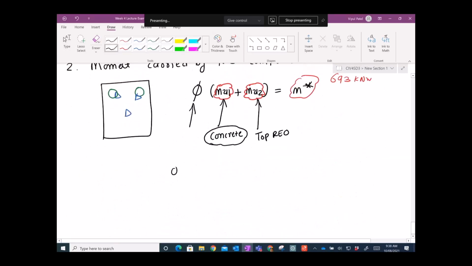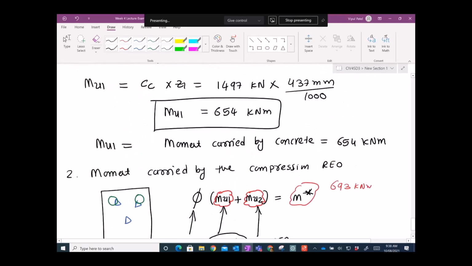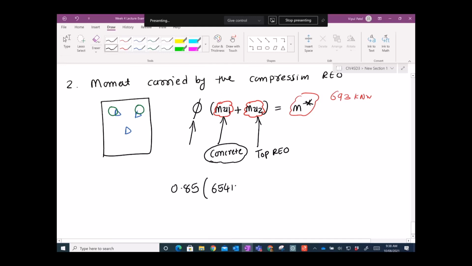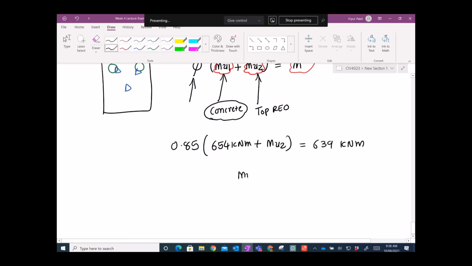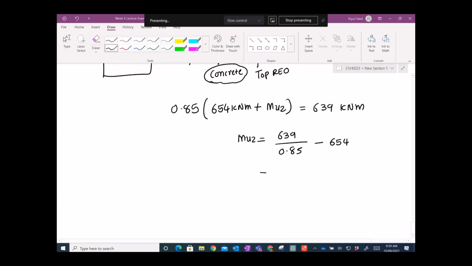I know phi is 0.85, and Mu1 for the concrete was 654 kilonewton meters, plus Mu2 for the top reo. So to calculate Mu2, we take 639 divided by 0.85, take away 654. It will have a value of 98 kilonewton meters, right?